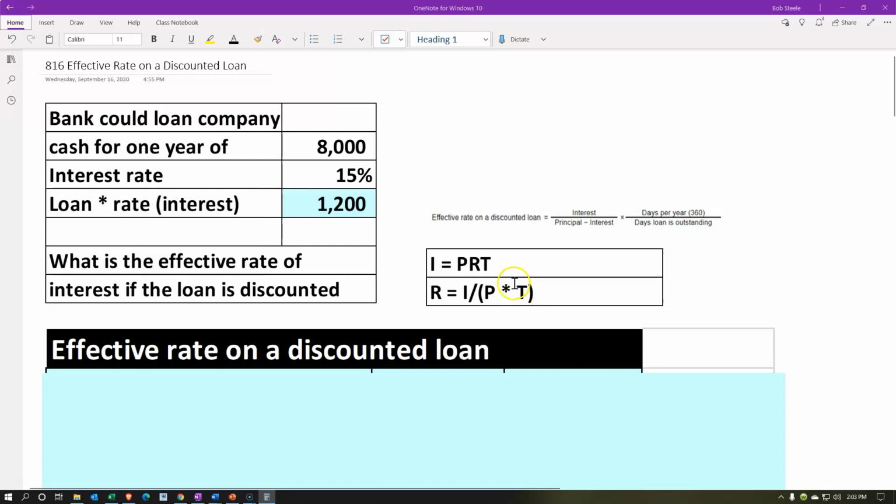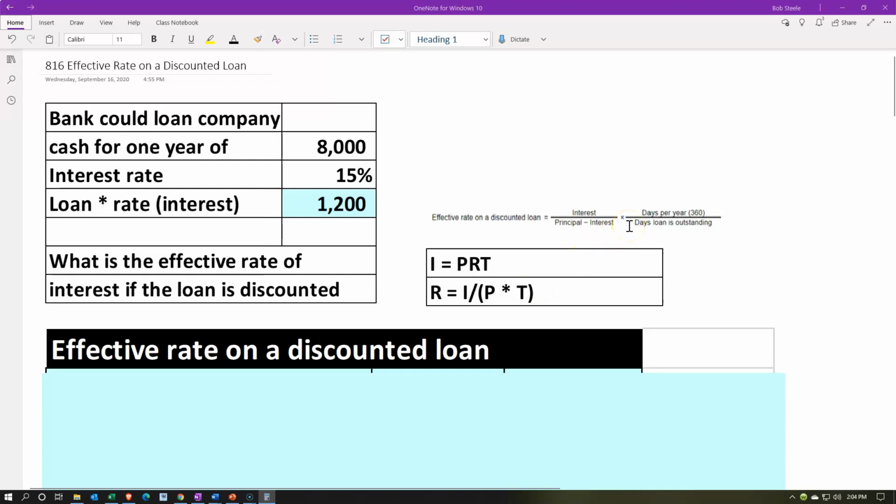Now, this fraction of the year, you could pull out of the denominator and think of it as inverting it and write it this way: interest divided by principal minus the interest, and this is the new component, I'll talk about that more in a second, times the days in a year, 360, 12 times 30, over the days in the loan, which is the inverse of the fraction of the year.